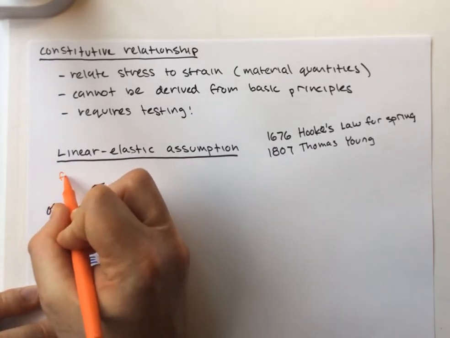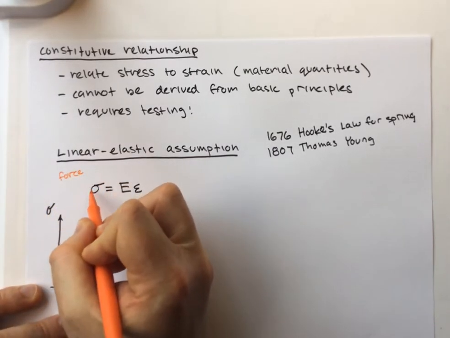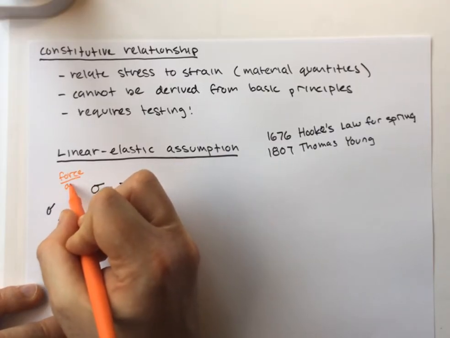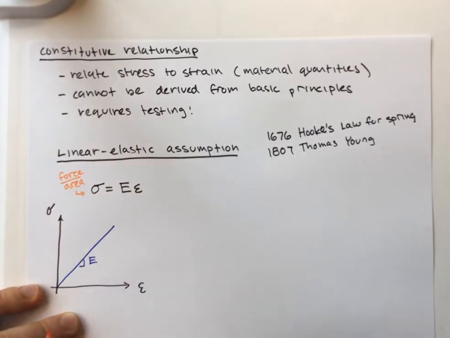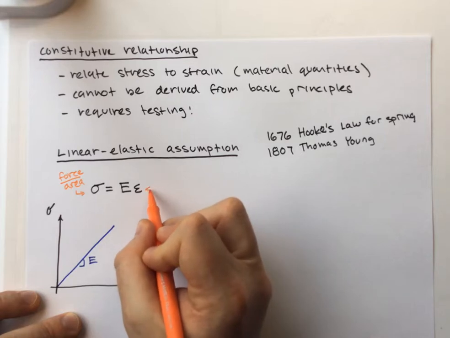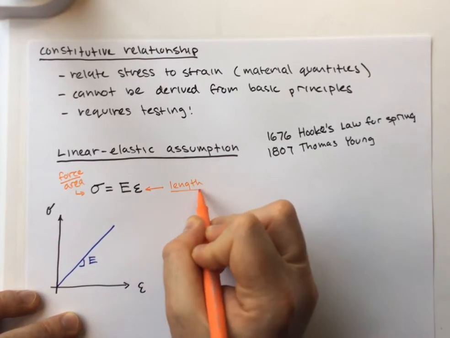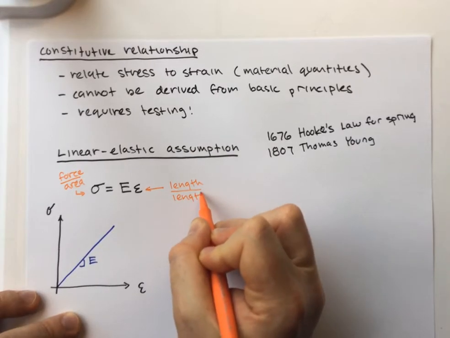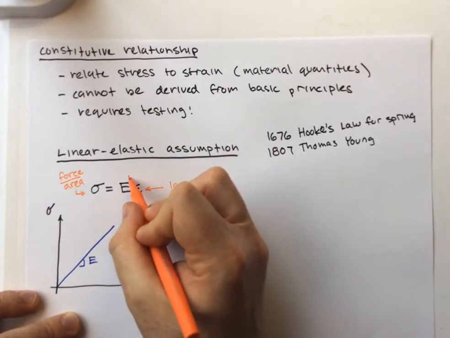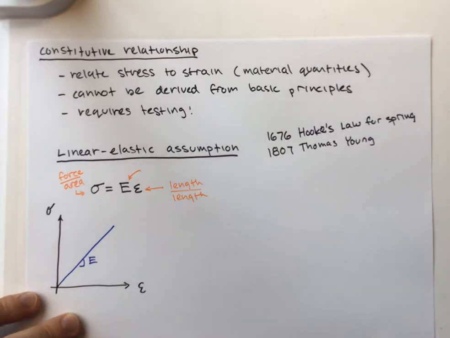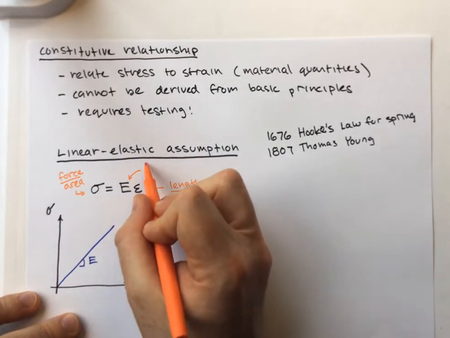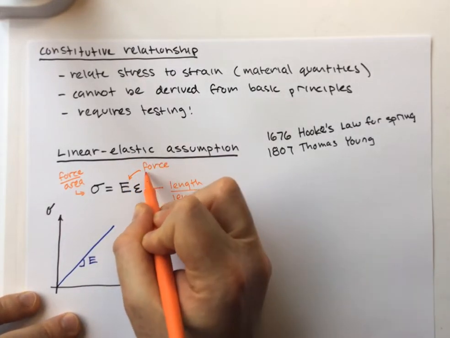So on this side, remember, we have stress, which is in force per area. On this side, we have this unit here, which is length per length. So that means, what's the units of our elastic modulus? That's going to be force divided by area.